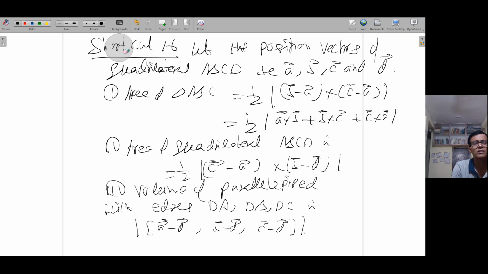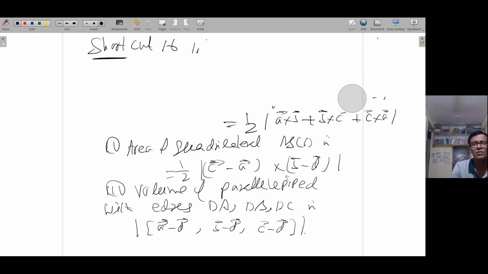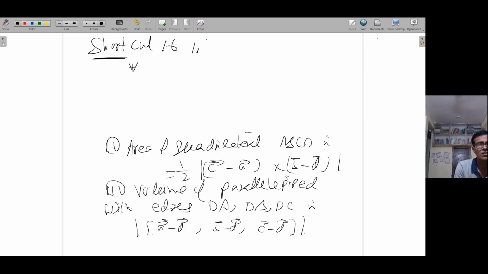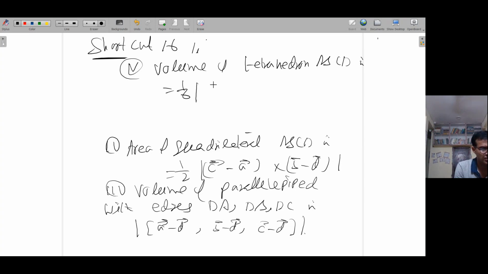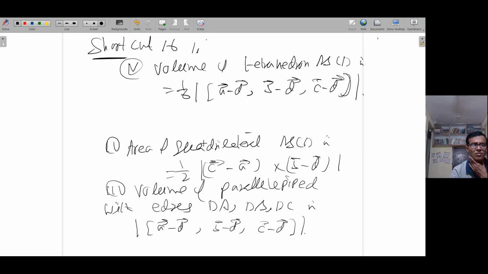Now fourth, volume of tetrahedron ABCD is 1/6 of A vector minus D vector, B vector minus D vector, C vector minus D vector. Okay.